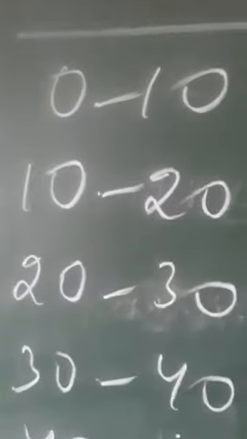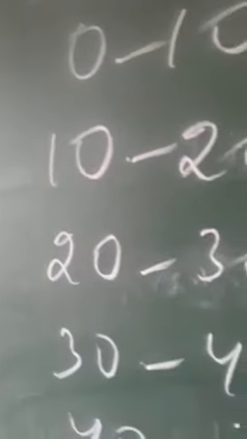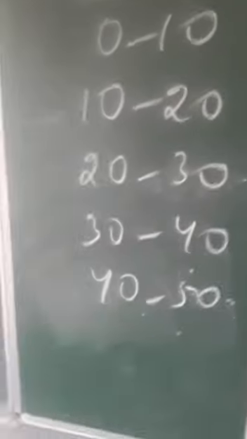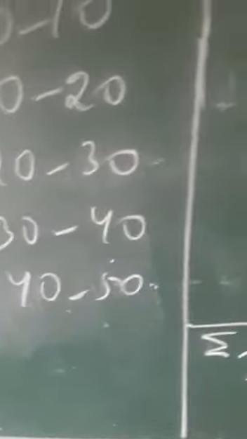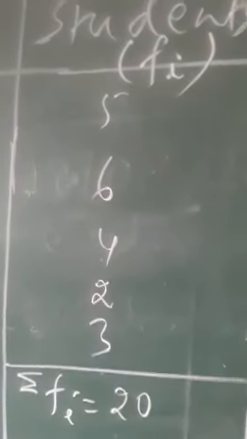And then comes the group 30 to 40 in which the number of students placed is 2. And the last group is 40 to 50 in which the number of students placed is 3.